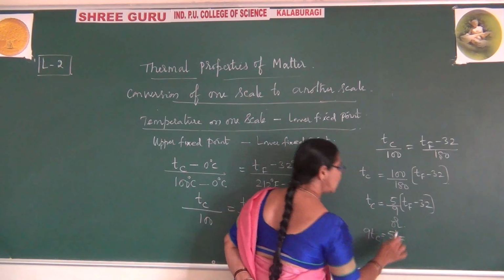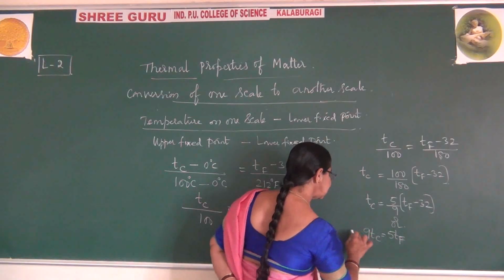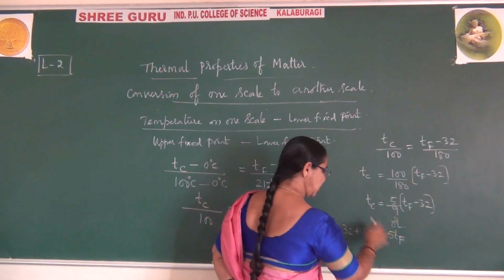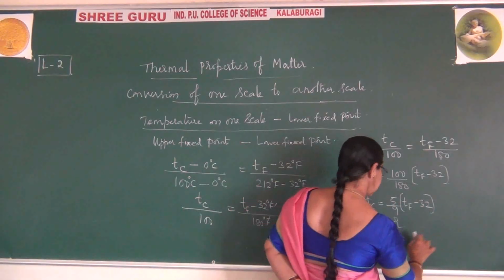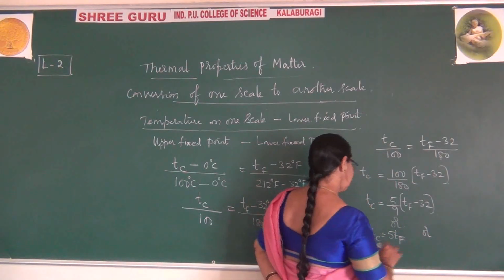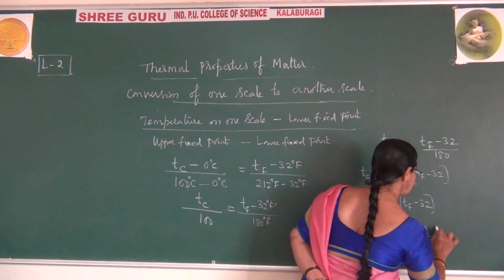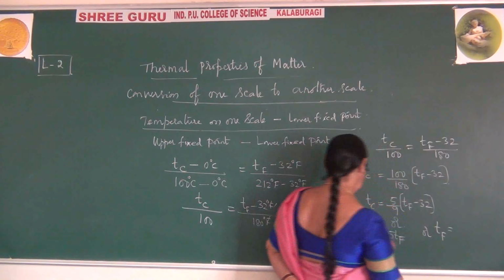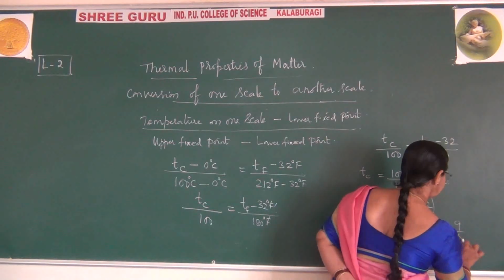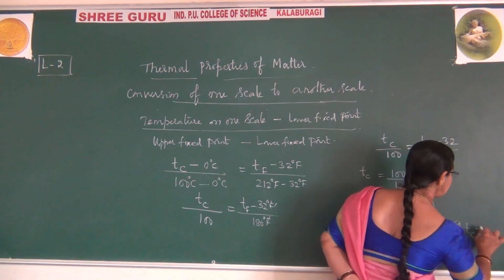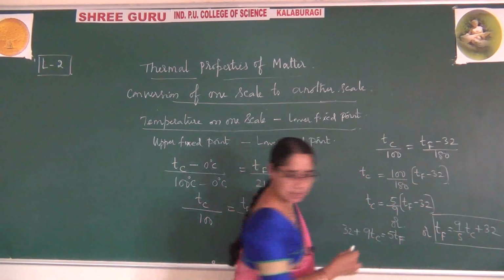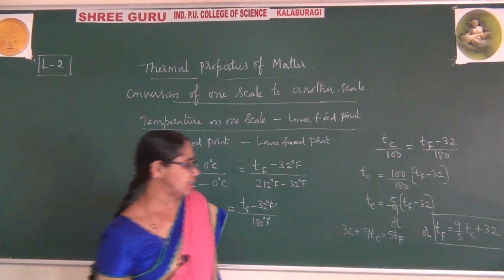This minus 32 will come to this side when you cross multiply, and it will become plus 32. So this can be written directly as Tf is equal to 9 by 5 T subscript C plus 32. This is how you write for the Fahrenheit scale.